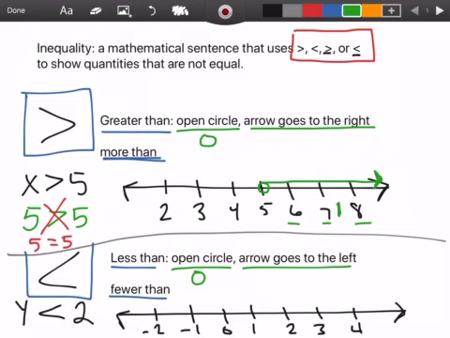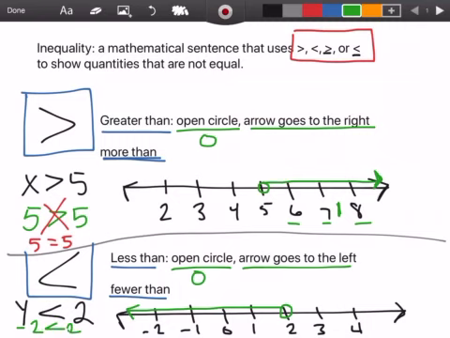So that means I'm going to start on 2. So I put an open circle on 2, and then y is anything less than that, so I'm going to draw an arrow to the left. All right, so that means 1 could be a solution, y could be 0, y could be -1, y could be -2, because -2 is less than +2.